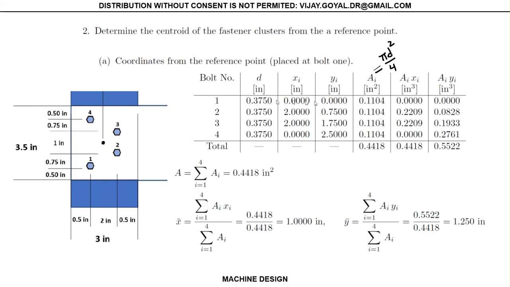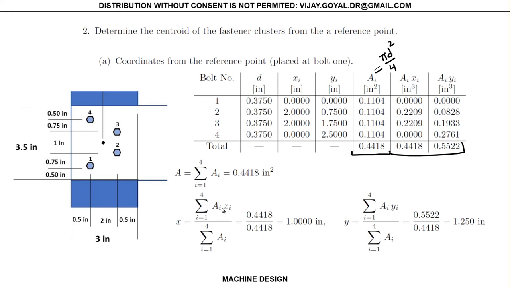Then you just do the multiplication between this and this. You get these values; at the end of the day, these are the values I really care about. You can do this very easily in Excel, or even in MATLAB. I like to do this in Excel, but I can do tables. Then you add all this. The total area is 0.4418 inches squared.